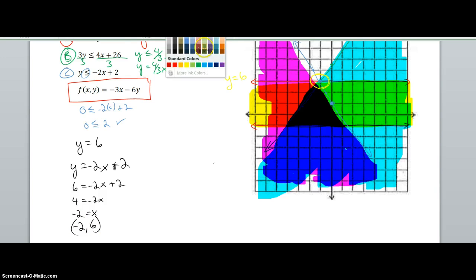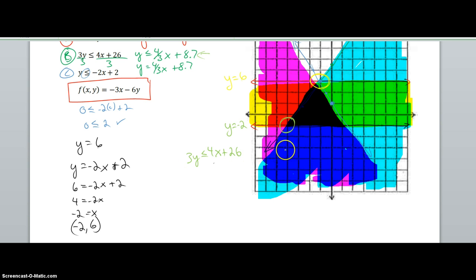Let's figure out the vertex for this point right here. This point is the intersection of this line, which is y equals negative 2, and this line right here, which is the original equation, 3y less than or equal to 4x plus 26.